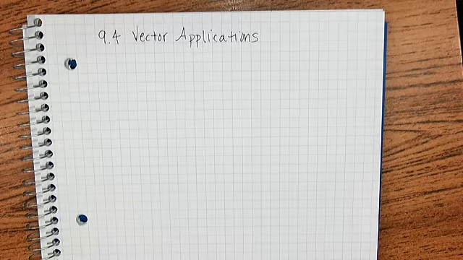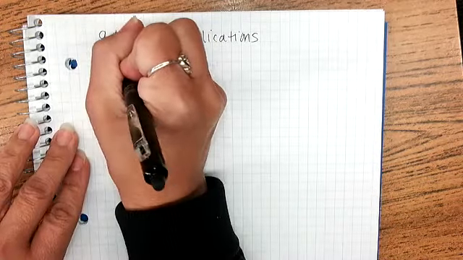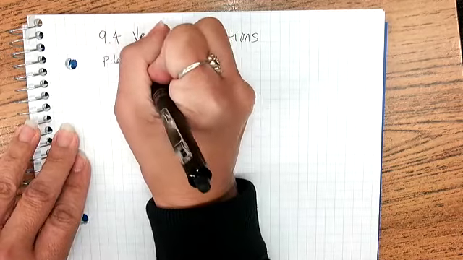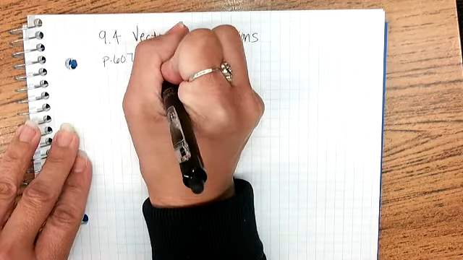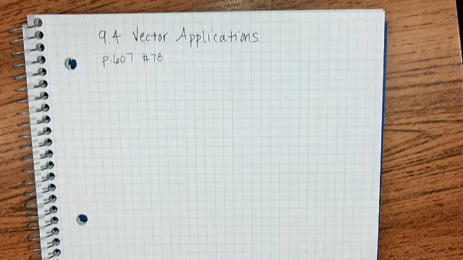We are going to look at page 607, number 78. Finding the speed and direction of an aircraft.